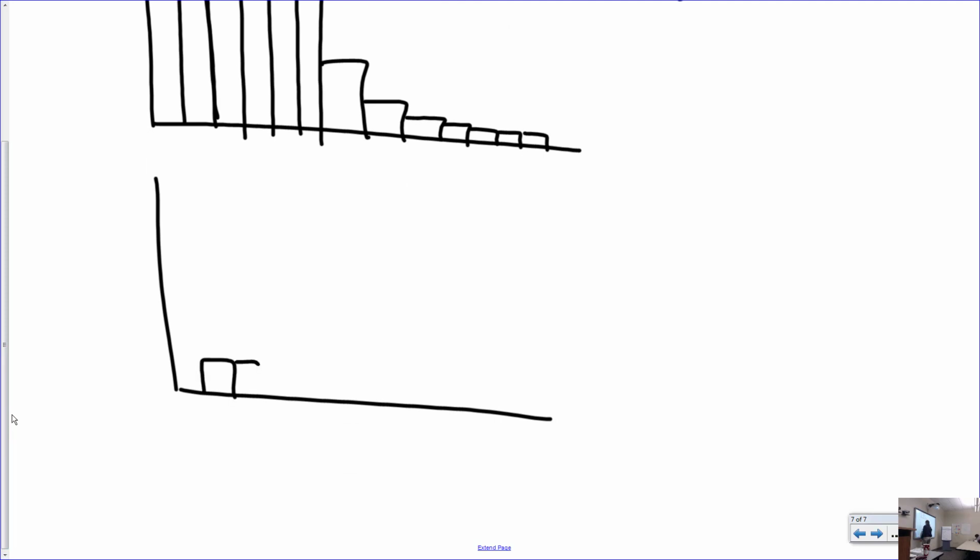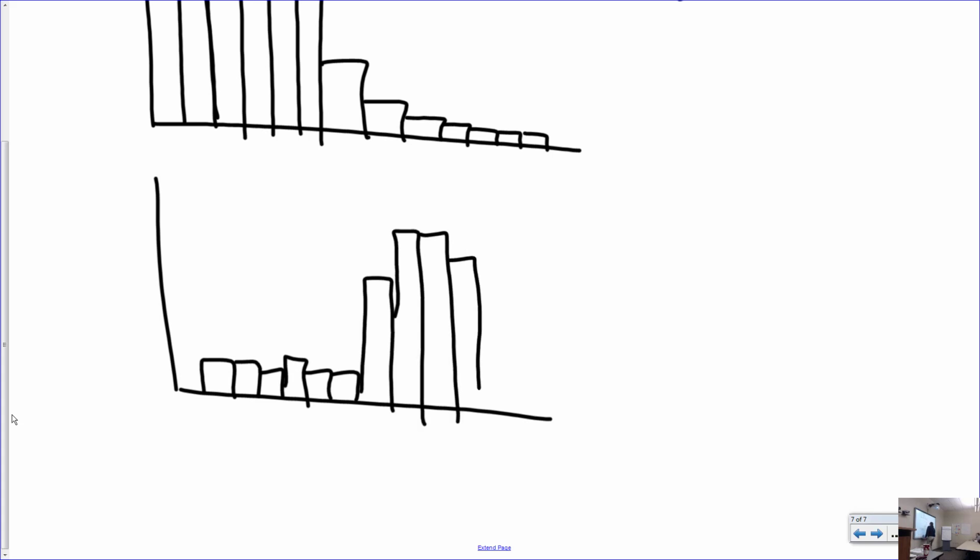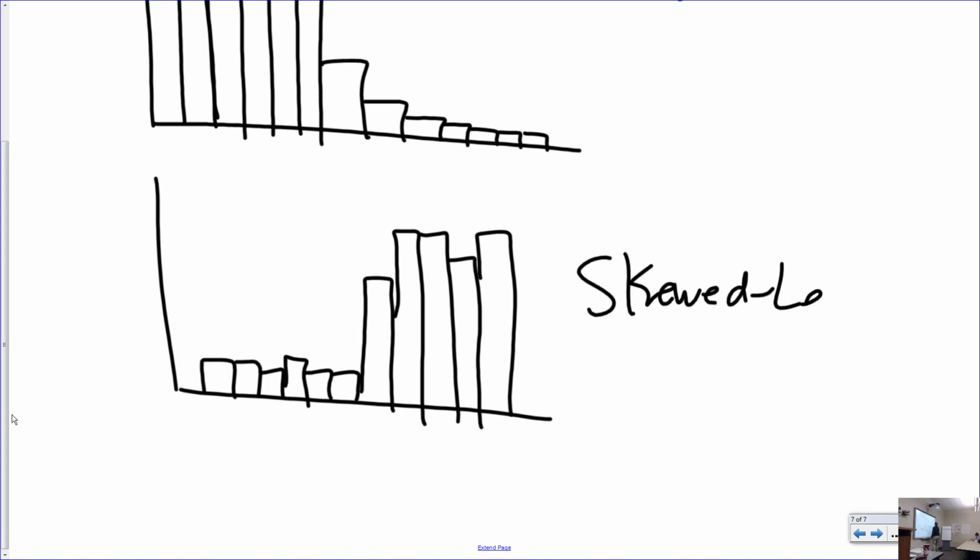So if you had a chart that looked something like this, where most of your frequency was a much higher number, but you still had some little small numbers out here off on the far left-hand side, this you would say is skewed left, because the average will be dragged a little bit closer to those small ones than it should really be.